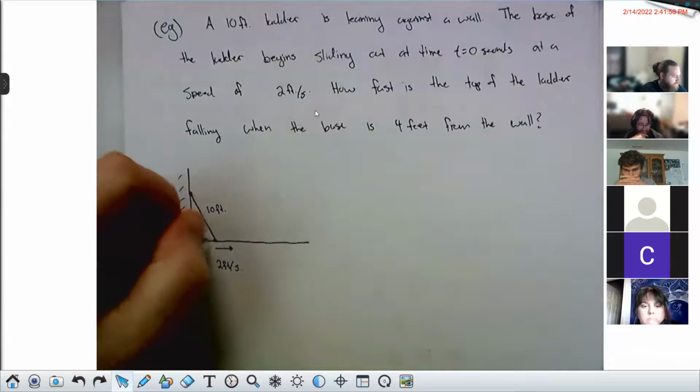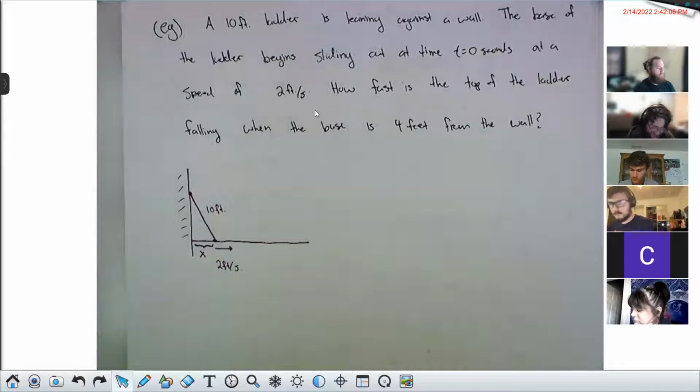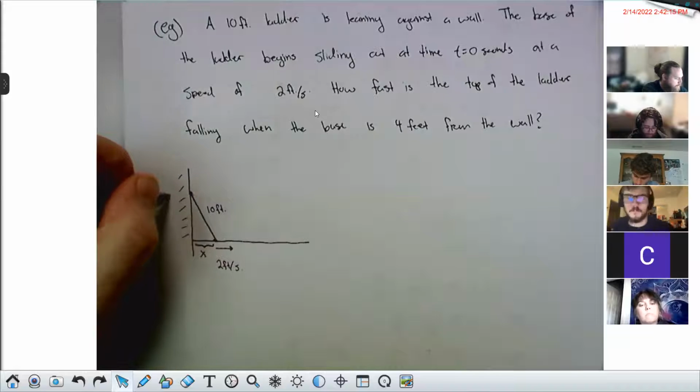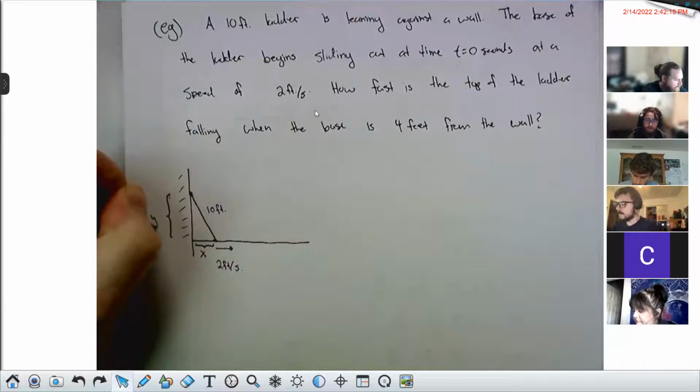So I'll say that the distance from the base of the ladder to the wall is x. And I'll say that the distance from the floor to the top of the ladder is y.